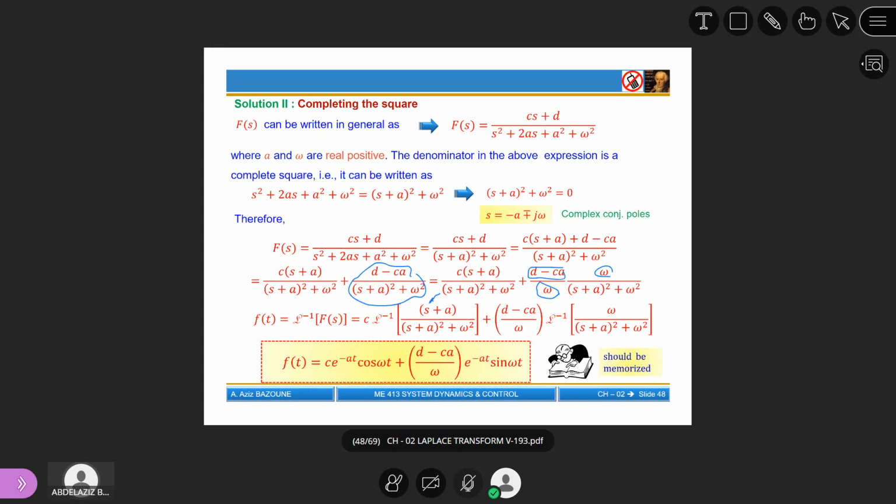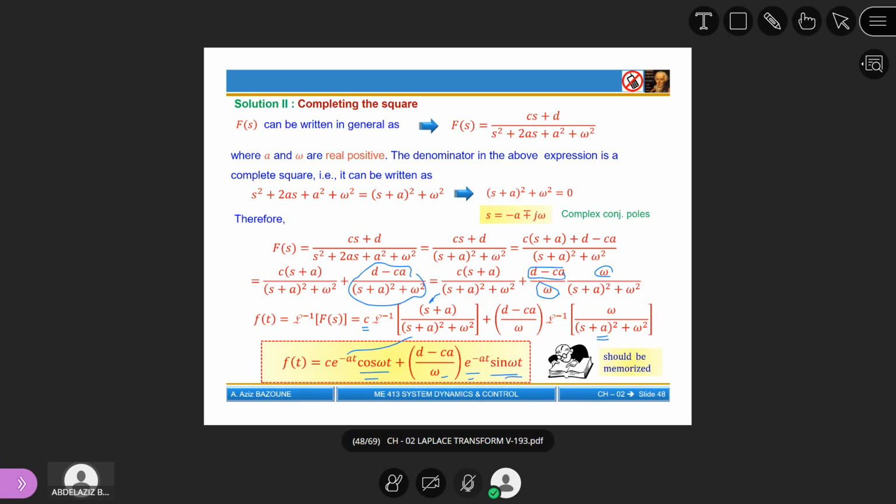We have S over S squared plus omega squared; because it is shifted, we have exponential minus AT, and this is a cosine term. So C times exponential minus AT cosine omega t. And this is D minus CA over omega, exponential minus AT, because A is shifted here, and then sine omega t, because omega over S squared plus omega squared gives sine.